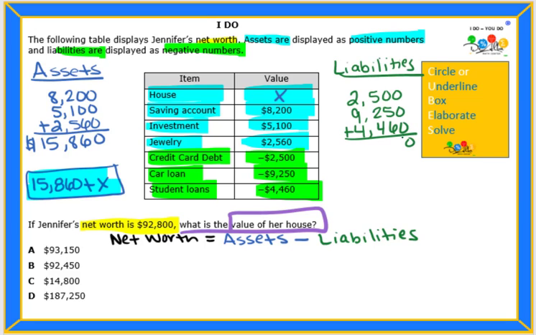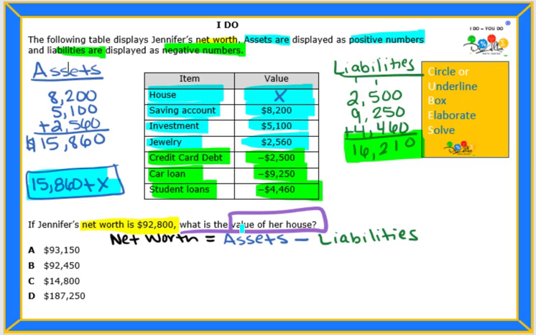If we add those up, we get $16,210. That is the total for the liabilities.